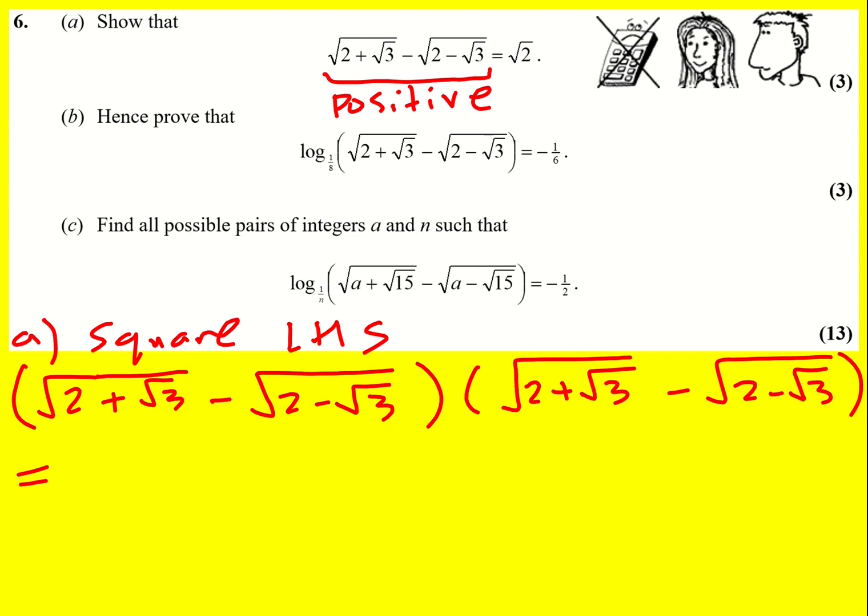I'm going to times these two, and I'm going to get 2 plus root 3. I'm actually going to deal with this one because it would be equally as easy to deal with. So when I times this by this, I'll get positive 2 minus root 3. And then I've just got to deal with these crossover terms.